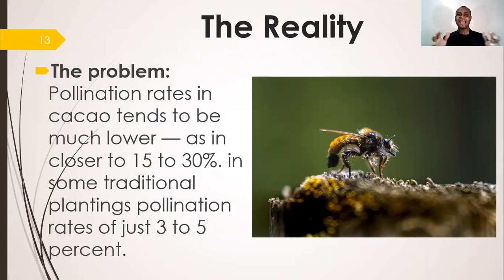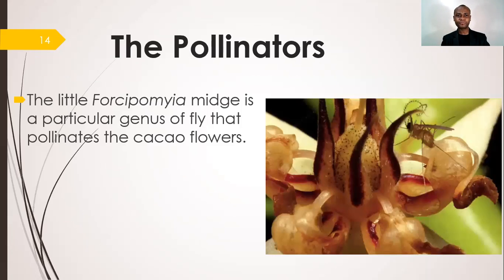So it tends to be that only about 10% of the flowers will grow to maturity. Okay, that is why there is the need to enhance pollination. So you have to increase pollination on your farm. Okay, so now let's talk about the pollinators.